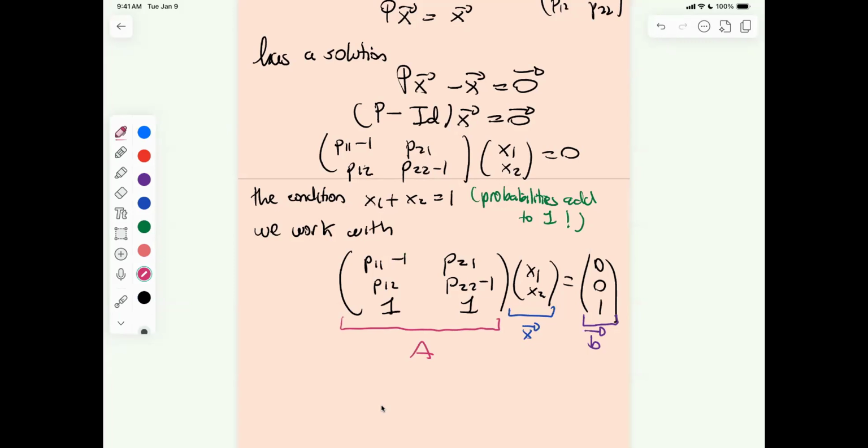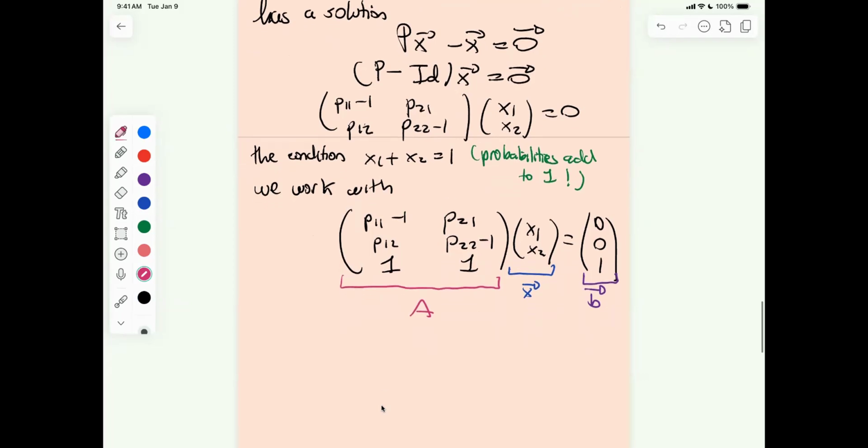And we also want each of these entries to be non-negative, because probabilities are non-negative numbers, right? So x1 and x2 have to be non-negative.